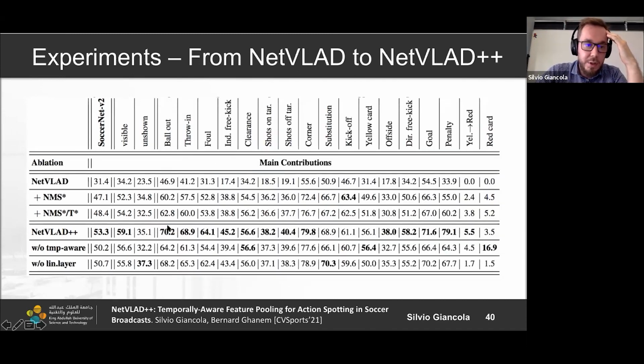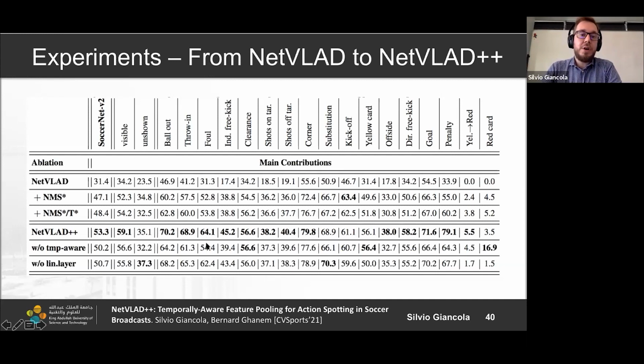If we consider those per class, what's interesting is that the temporally aware version works better to some extent for some classes such as goal. So it looks like having some temporal features, you actually get a plus 5% in the goals, in the penalty as well. You get impressive performances also in the individual free kick and the fall as well.